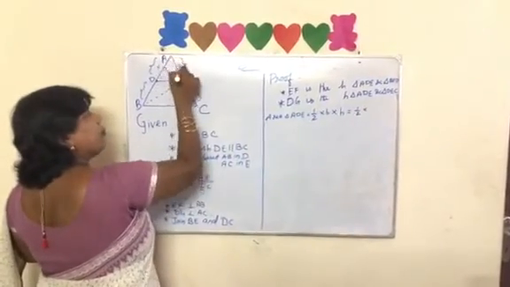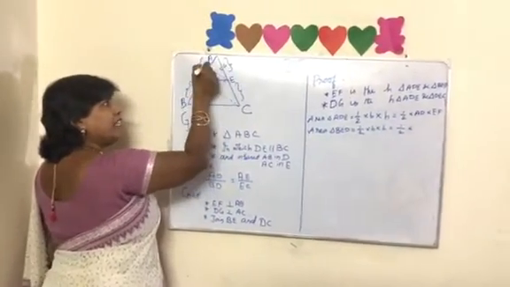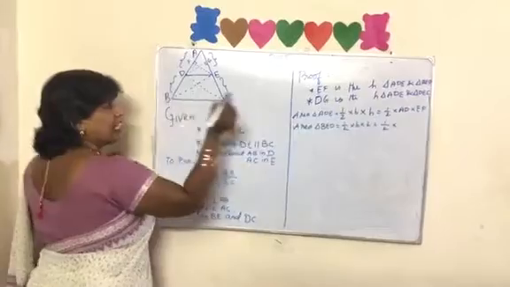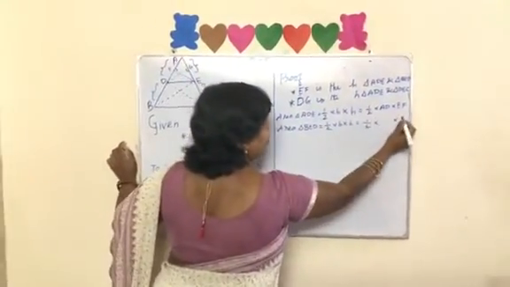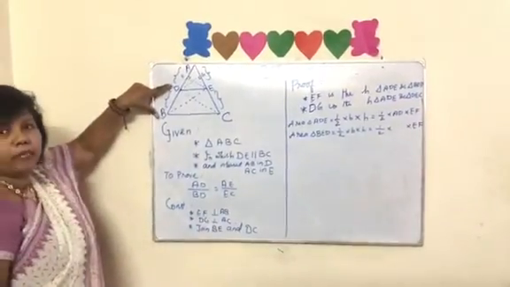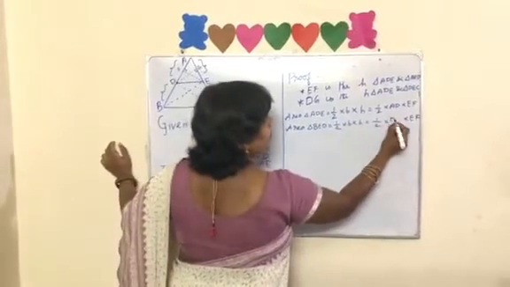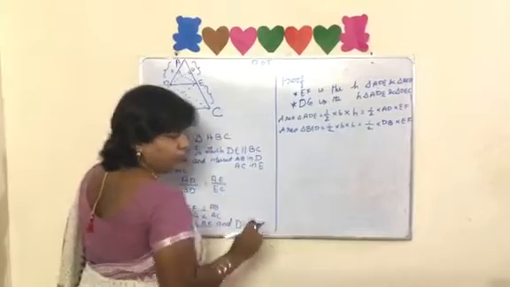Which is the base here? I am taking DB as the base. What will the height be? Before, I said for AD and BED, EF is the height. So the same height, you can write EF. Here the base will be DB. Finish. If you finish this part, the next one is very simple.